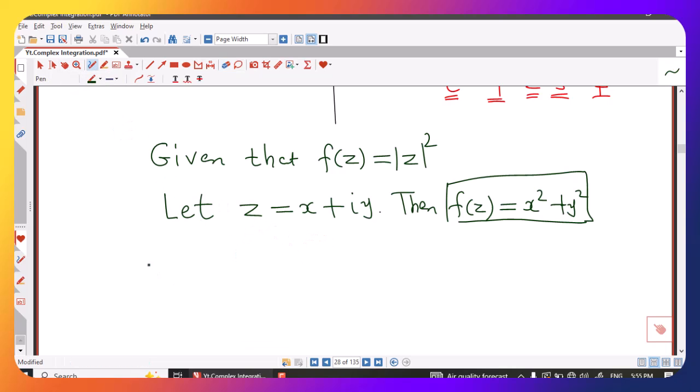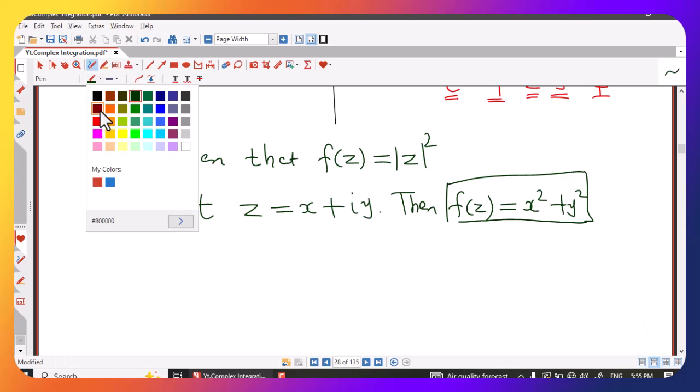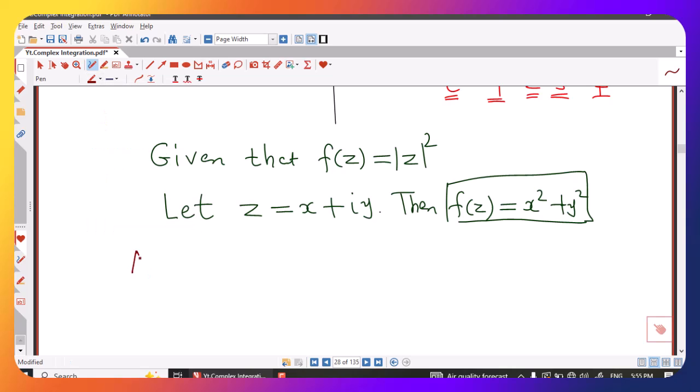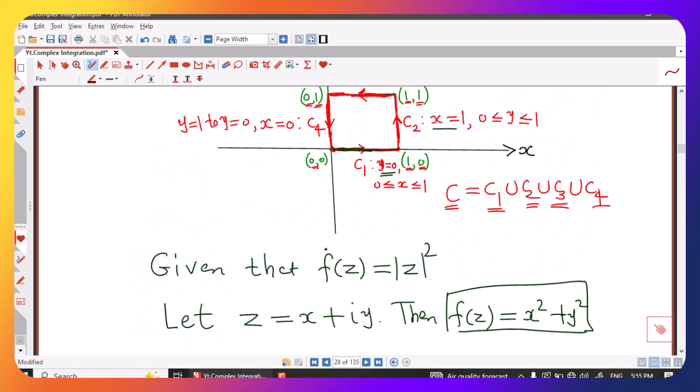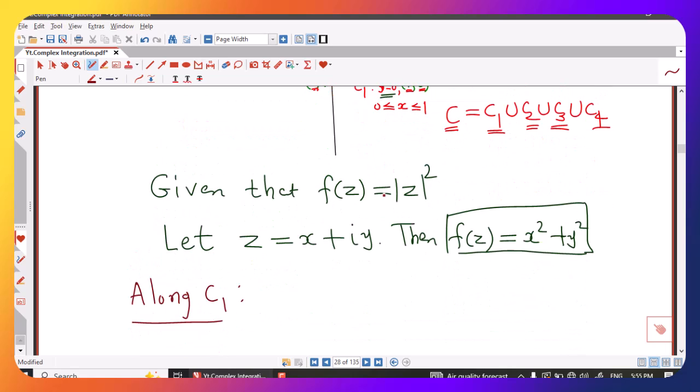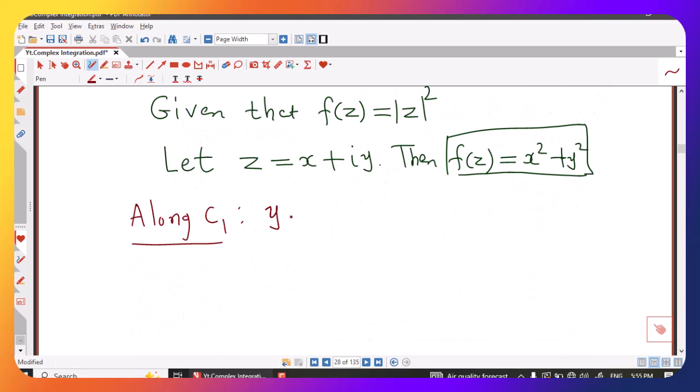So what we can do, we can go along contours one by one. First we find out the integral of f of z along C1. So along C1 y is 0 and x lies between 0 and 1. So here y equal to 0 and x is changing.